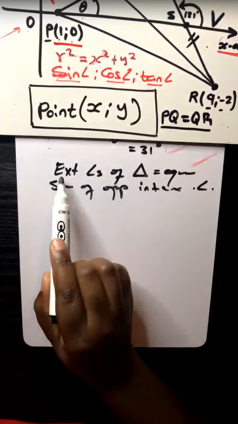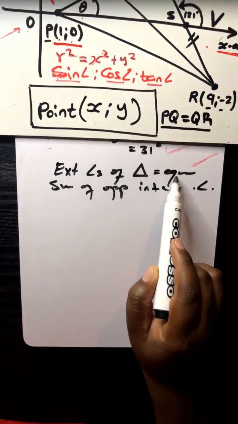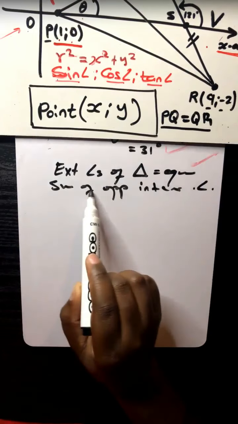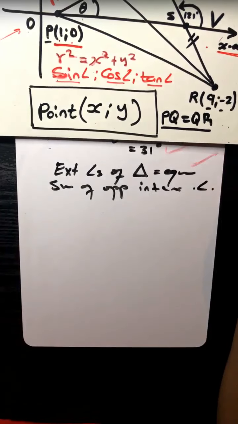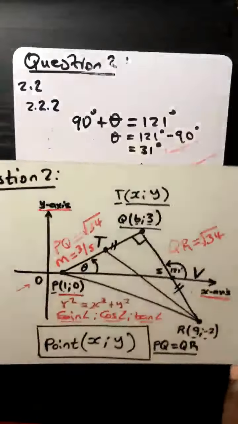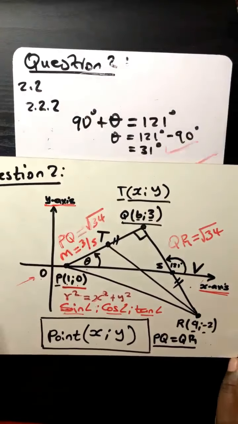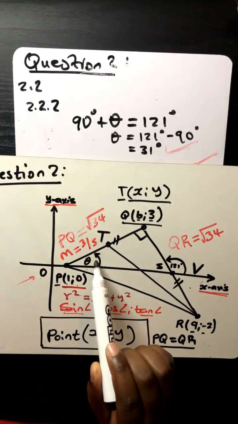According to this reason, she's saying external angles of a triangle are equal to the sum of opposite interior angles. So in short, that is basically the angle that we are trying to calculate over there.